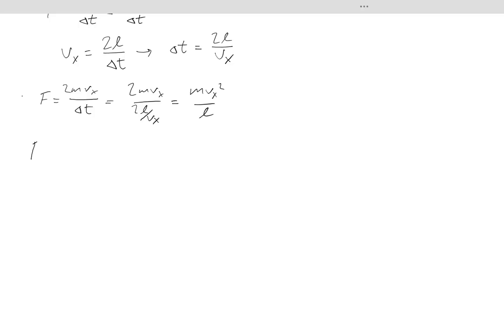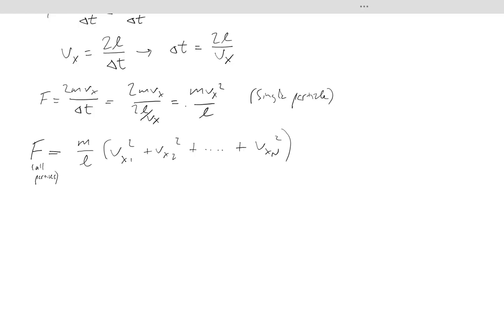So the total force due to all particles will be m over L times vx1 squared plus vx2 squared, all the way to vxn squared.